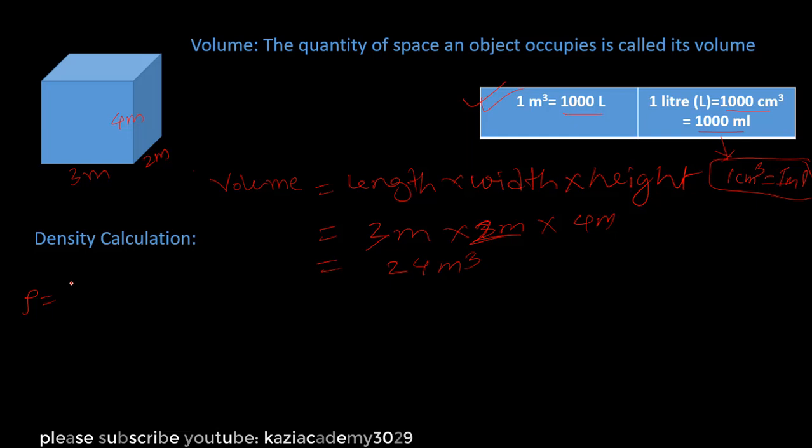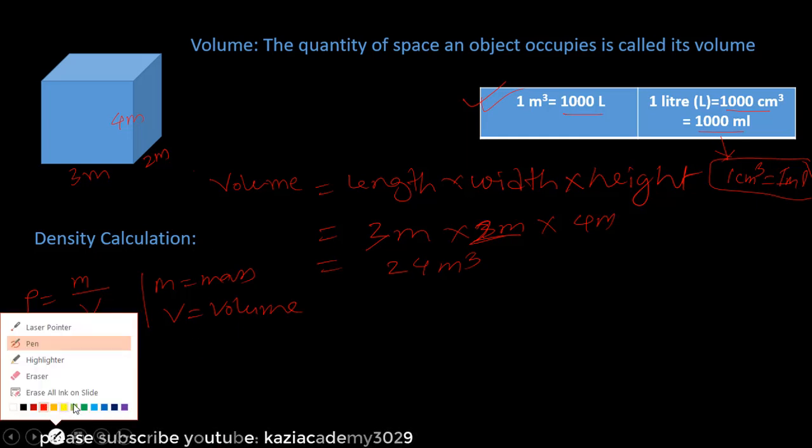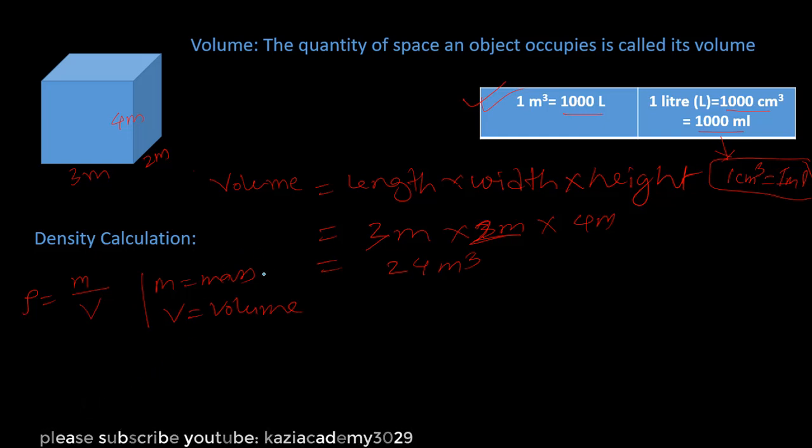Rho equals mass, M for mass, V for volume. And what about the unit? The unit of mass is kilogram.